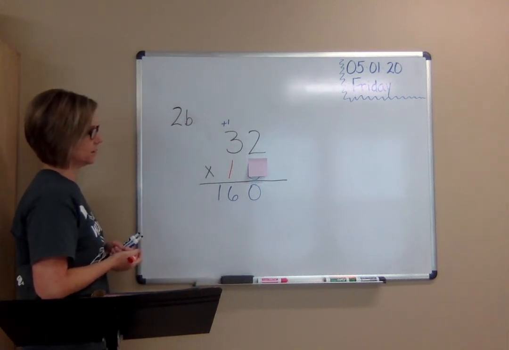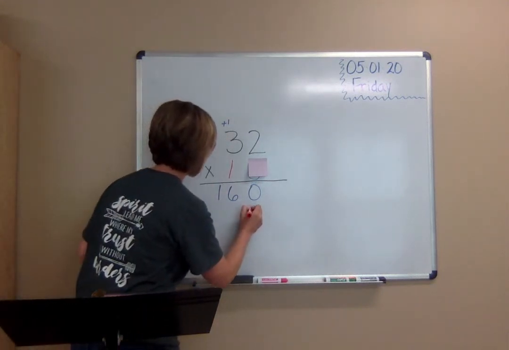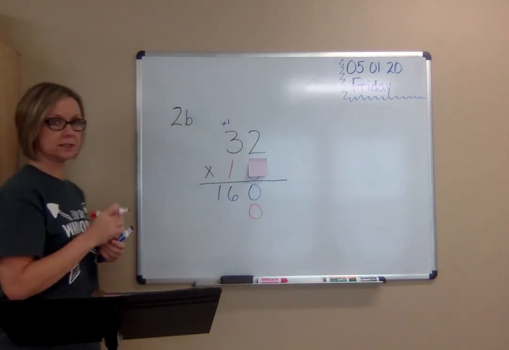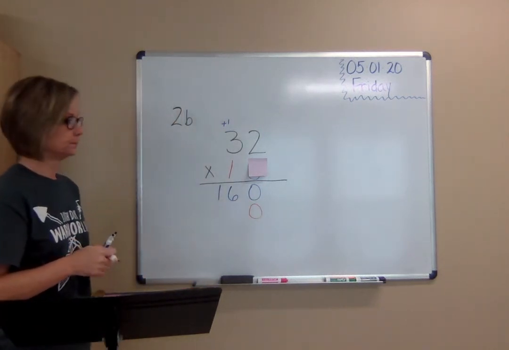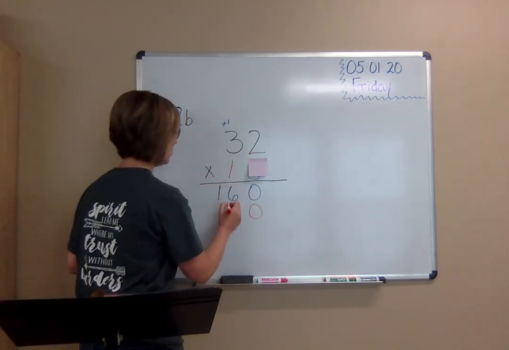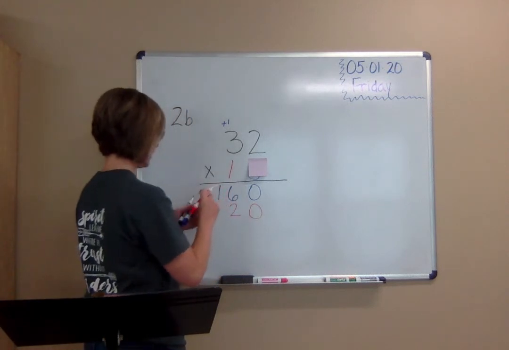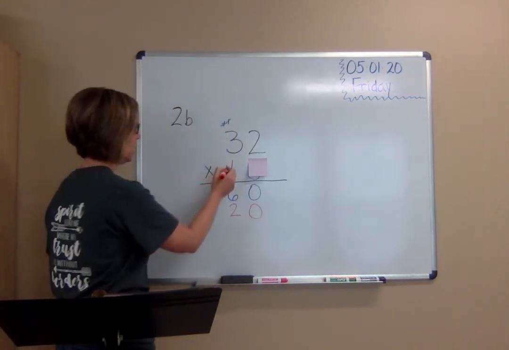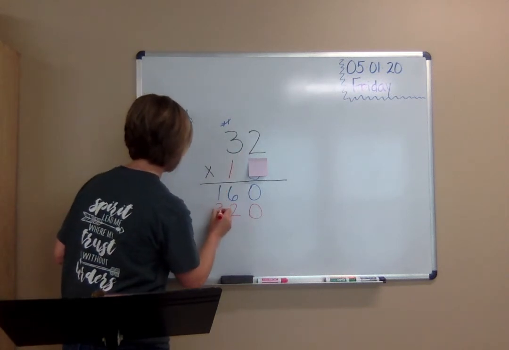Okay. We need to put our Hero 0 placeholder here because we're saying 32 times the tens place. 1 times 2 equals 2. Oh, I forgot to cross out my 1. I probably forgot to do that a while ago as well. Sorry. 1 times 3 equals 3.